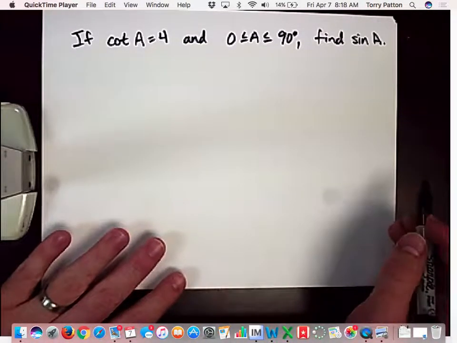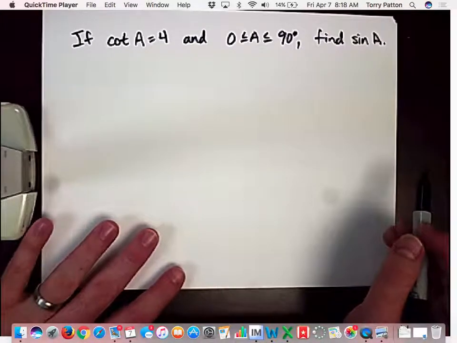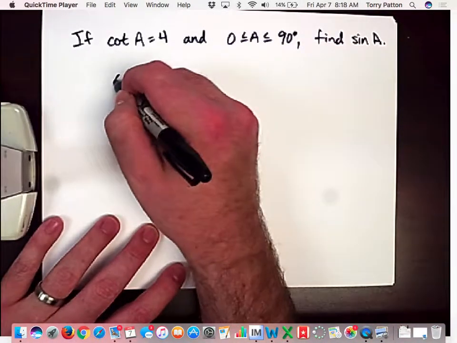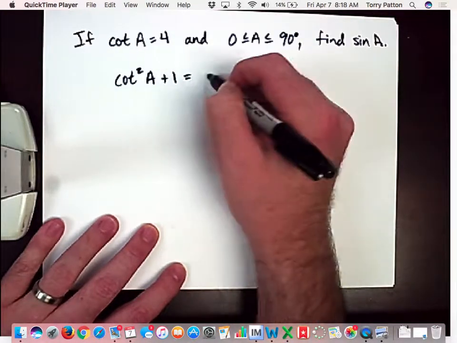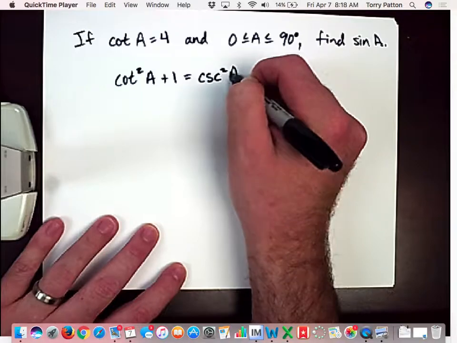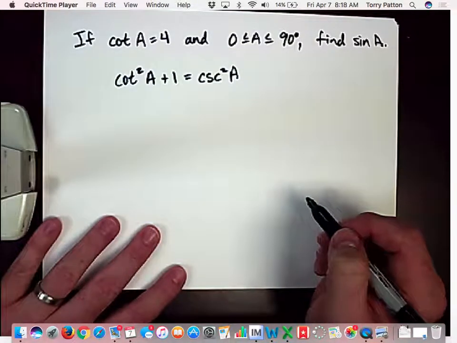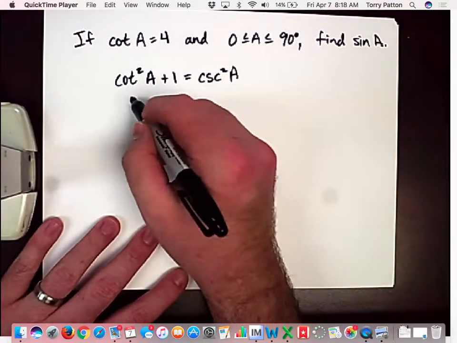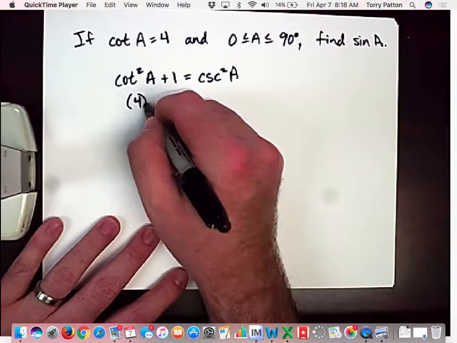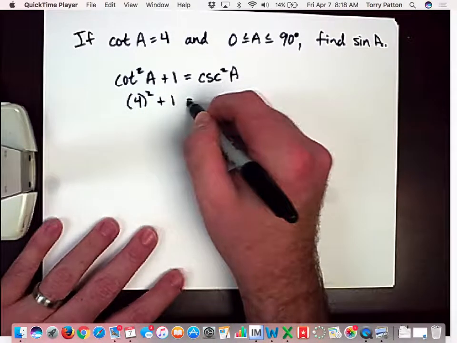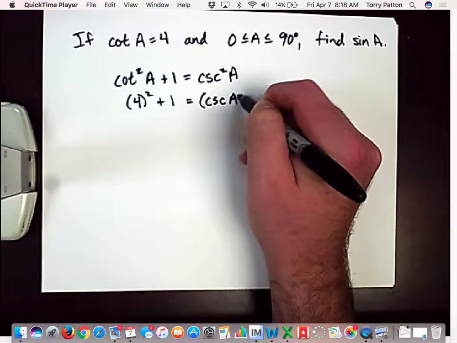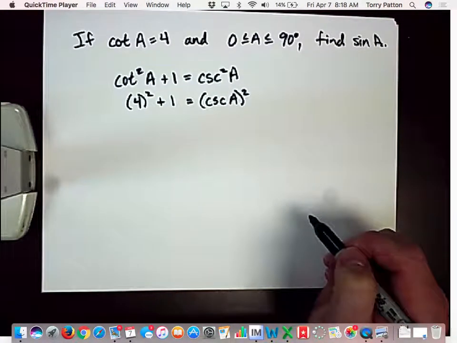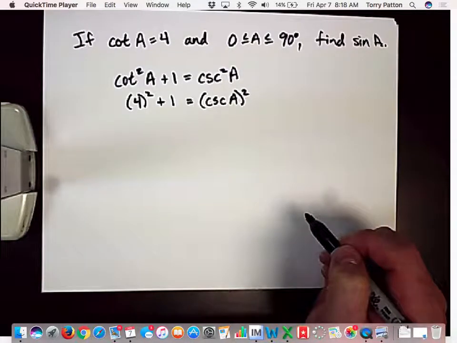The only identity we have with cotangent is cotangent squared A plus 1 equals cosecant squared A. Right? So this becomes 4 squared plus 1 equals, I'm going to write this as cosecant A squared. To me, it's easier to work if you see it that way.